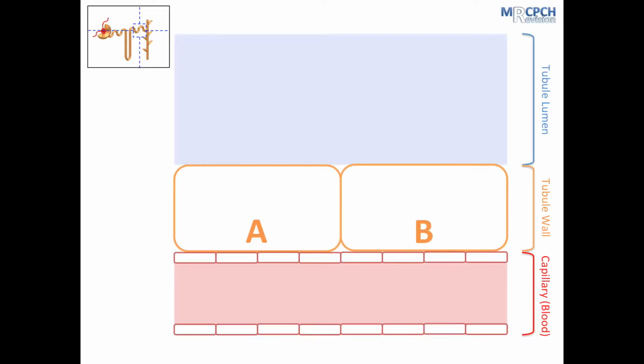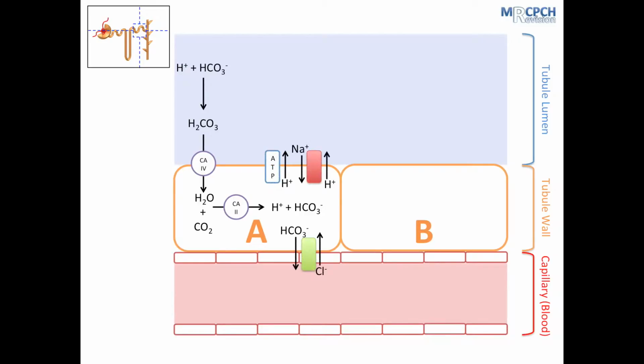So it's very similar to the proximal convoluted tubule cells in that the carbonic acid formed from the filtered protons and bicarbonate is taken up by carbonic anhydrase 4, converted into water and carbon dioxide, which is then converted by carbonic anhydrase 2 in the cytoplasm to protons and bicarbonate. And just like on the proximal convoluted tubule cells, we have the proton ATPase, the sodium proton exchanger, and the bicarbonate chloride exchanger.